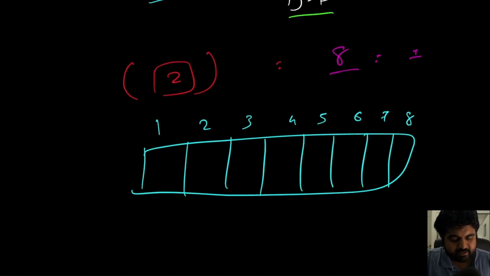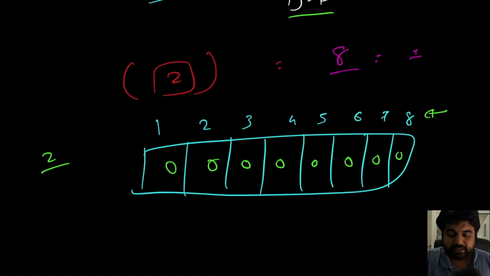So let's say that currently we have all of these values. Now we know that if we only have the coin 2, we cannot generate amount 1, so we can mark this as 0. Also, remember one thing: we are at the beginning of our input, so we don't have any way to generate each of these amounts. So initially I'm going to initialize all of these values with zeros.